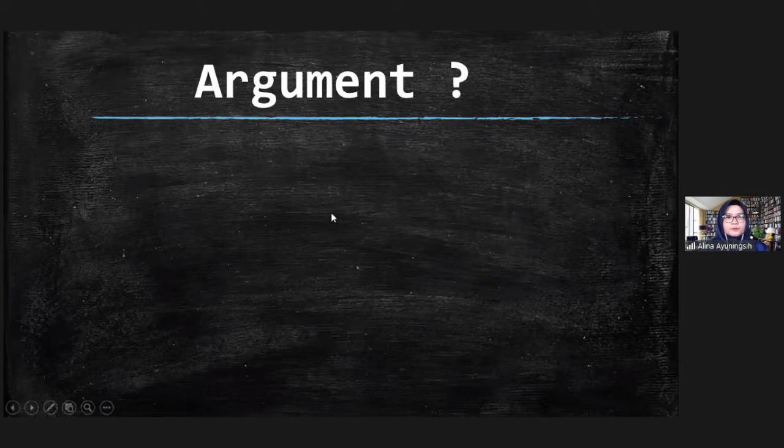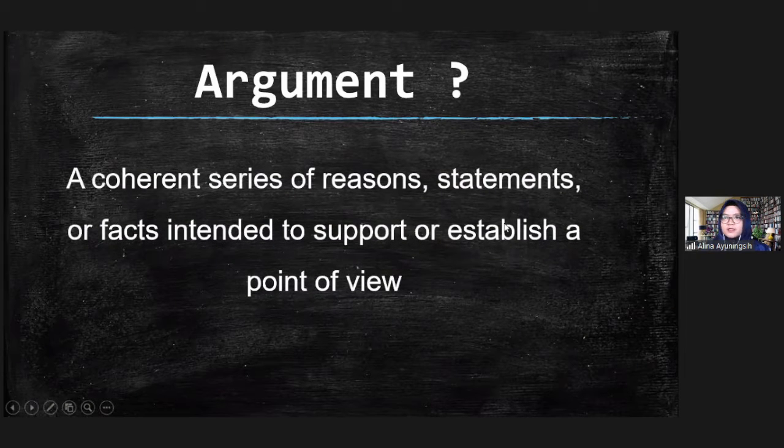So the argument basically is a coherent series of reasons, statements, facts that, of course, is written to support or to establish our opinion or a point of view. So that is argument basically.